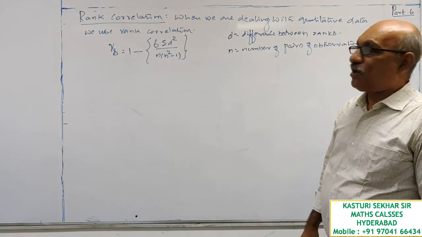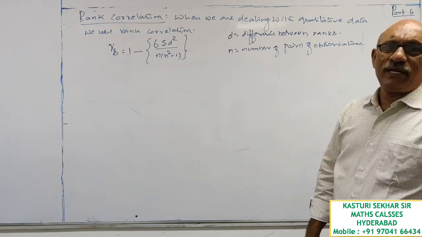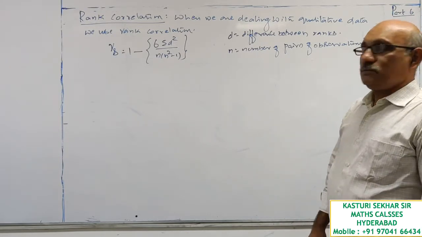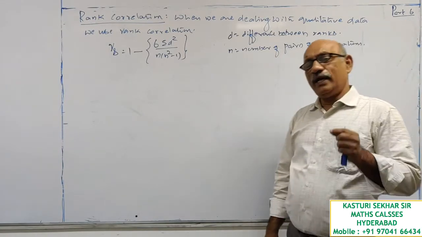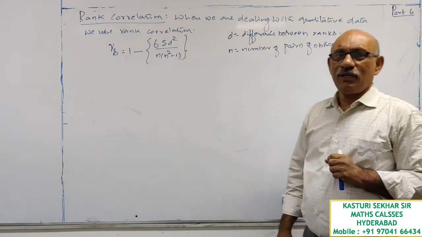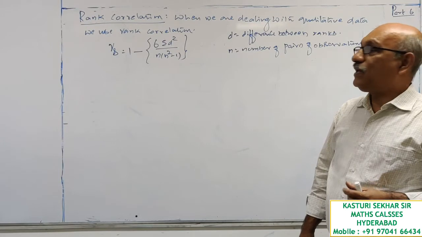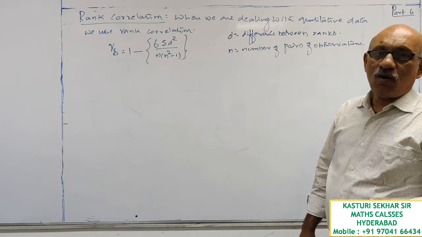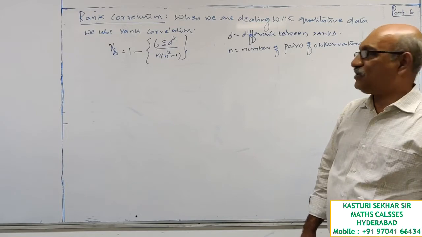Why it is pairs of observations? Because it is a bivariate data, two variables we are considering. So marks obtained for one student in mathematics and in economics, one pair of observation. Similarly, I have 10 students in a class, and all the 10 students have given the exam. Therefore, 10 pairs of observations we are having.